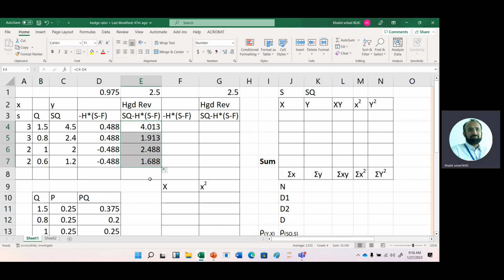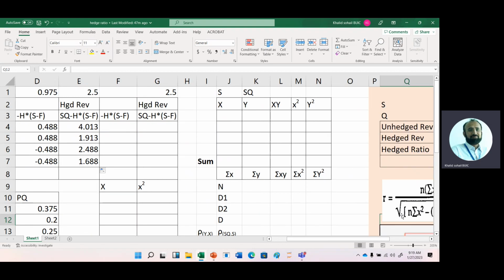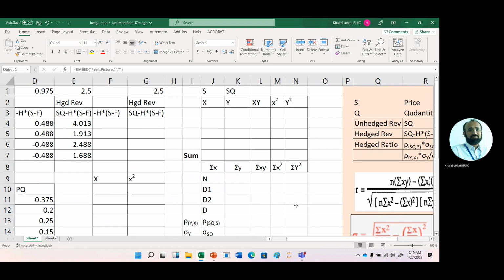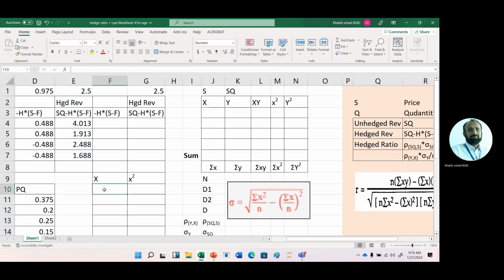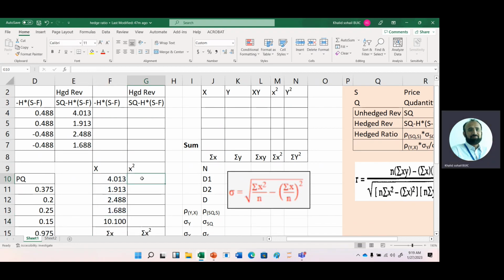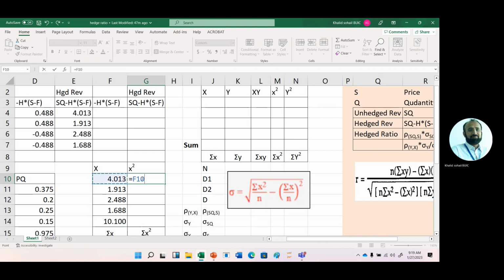Now, first of all, we will calculate the variability of this hedged revenue, and this can be calculated with the help of a simple standard deviation. We use this formula. Now we have these values. Just sum it and then take its square, power 2.